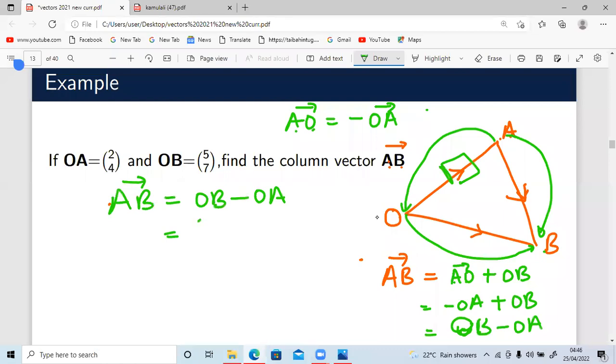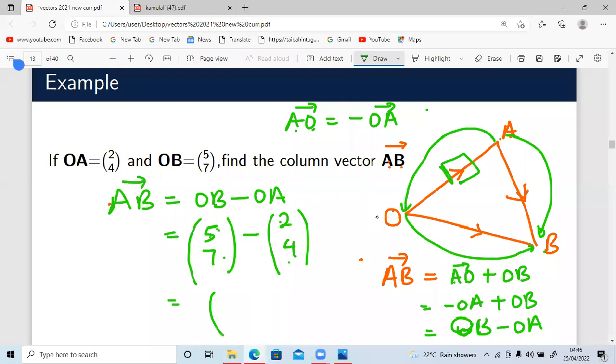Yes. Okay, so our column vector O to B is (5, 7), minus my column vector O to A, which is (2, 4). When we are subtracting two vectors, we subtract corresponding components, x and x, y and y.